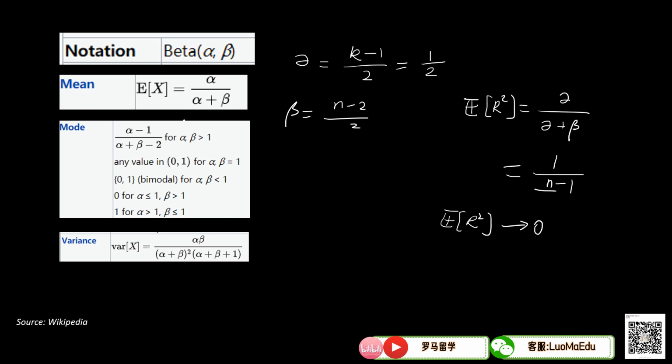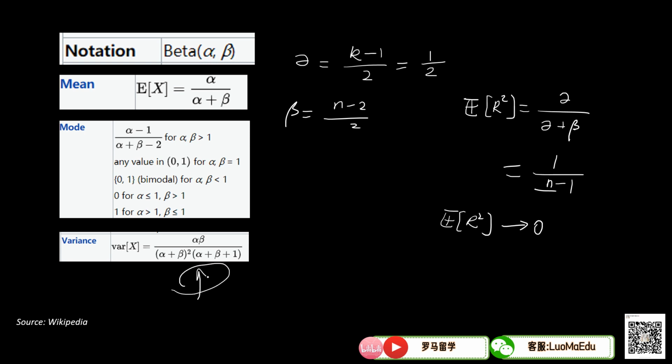Another question that I want to know is the variance of R square, because I want to know if I randomly pick another x, whether R square would change a lot from 0. The variance of R square for a beta distribution is like this.